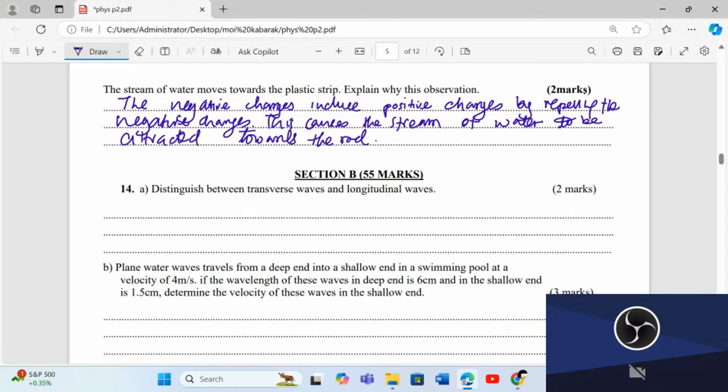Another repeated concept: induction, charging a body by induction.